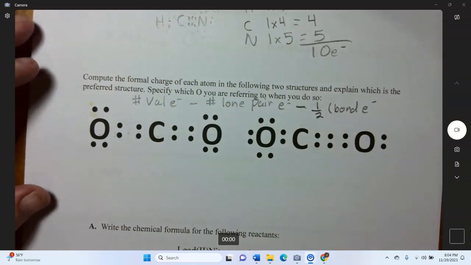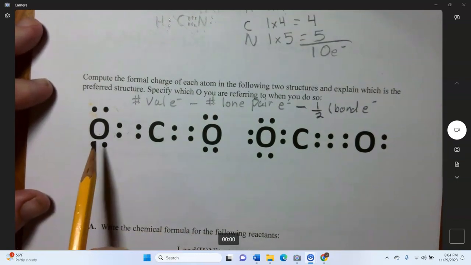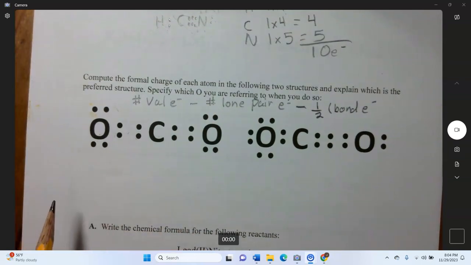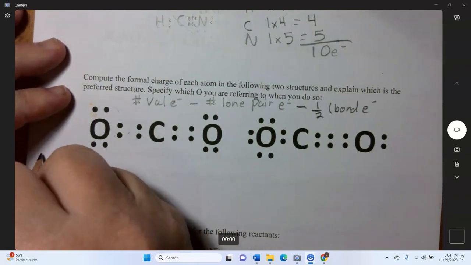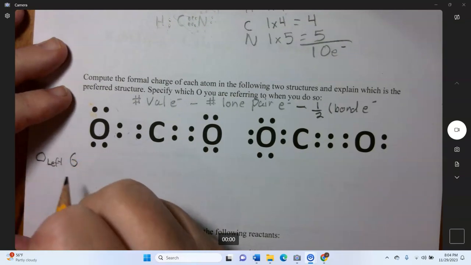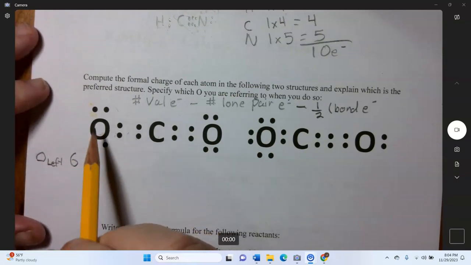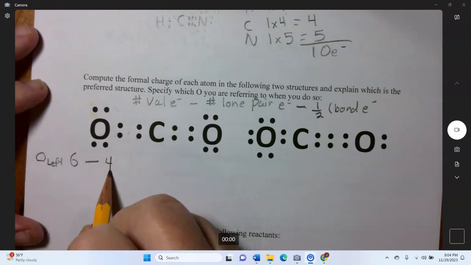Okay. So let's go ahead and plug in the numbers. Oxygen has 6. You get this off the periodic table. If you don't know how to figure this out, you've got to come talk to me. Oxygen has 6 valence electrons. Let's label this oxygen on the left. Minus the number of lone pair electrons, 1, 2, 3, 4. So it's minus 4.